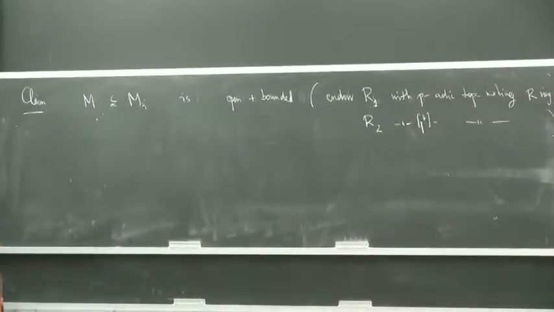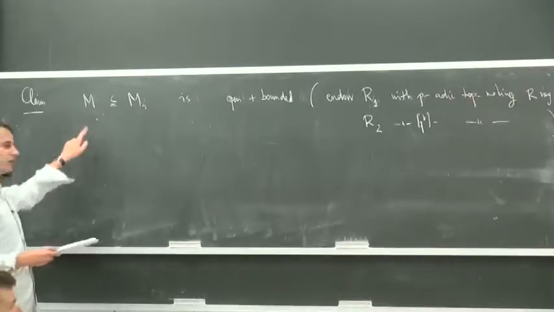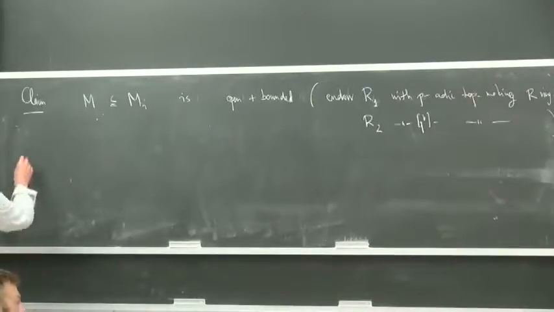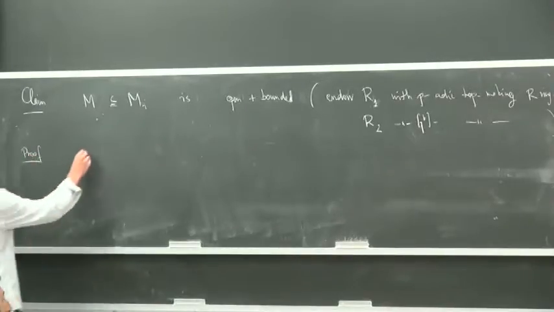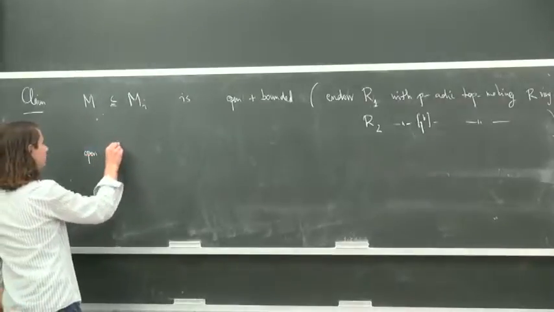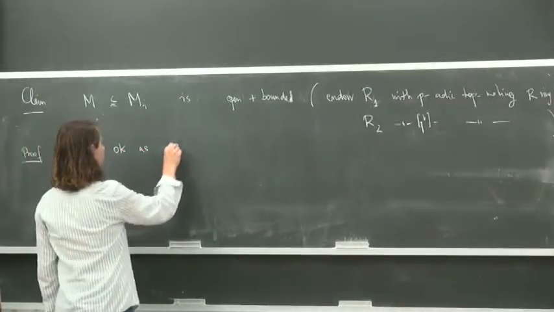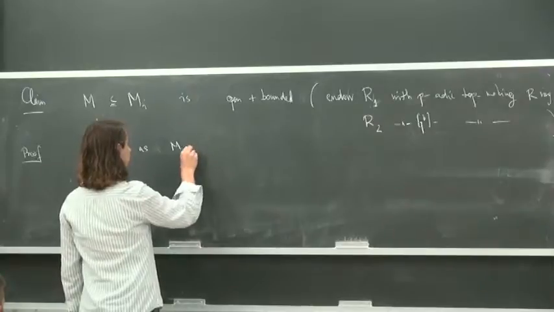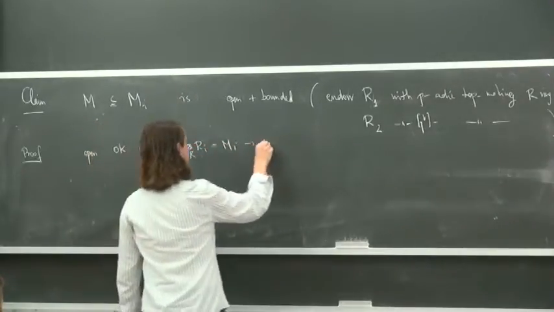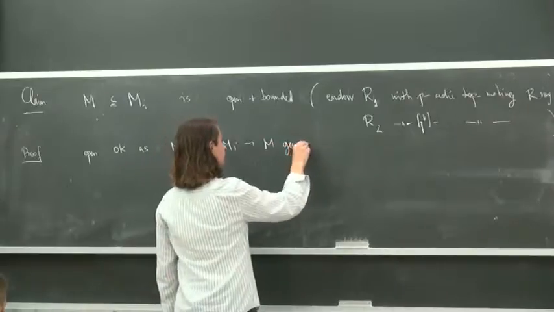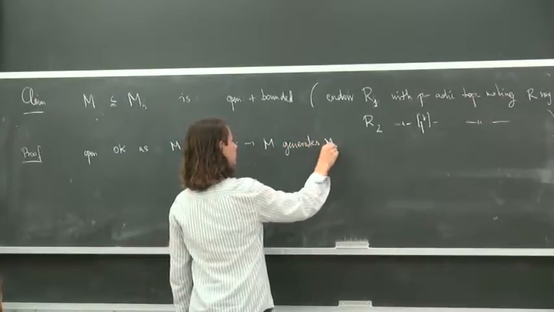Which then gives such a topology on the Mi's, and hence it makes sense to ask that M is open and bounded. So it's open is okay as M tensor R Ri is Mi. So M generates Mi.